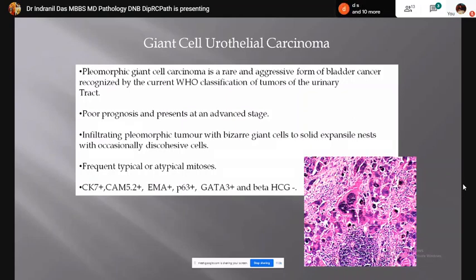These tumors may be confused with urothelial carcinoma with trophoblastic differentiation because these giant cells may mimic syncytiotrophoblastic giant cells, but this tumor is beta HCG negative and GATA3 positive, as in other urothelial carcinomas.